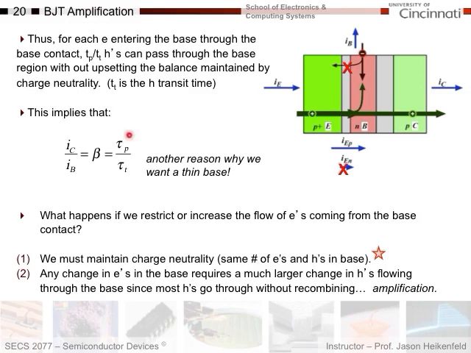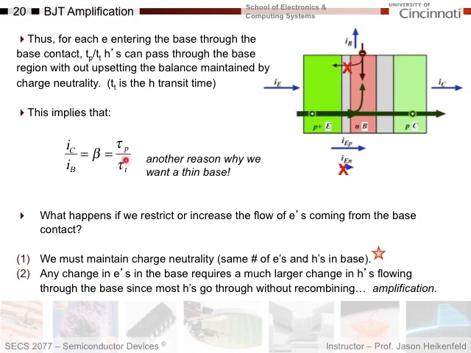So I'll substitute in the tau for a hole divided by the transit time, and that ratio will basically give me my amplification factor. And we built this up based on having charge neutrality in the base. Okay? And so my collector current over my base current, which gives me amplification factor, can also be calculated by the hole lifetime divided by the hole transit time.